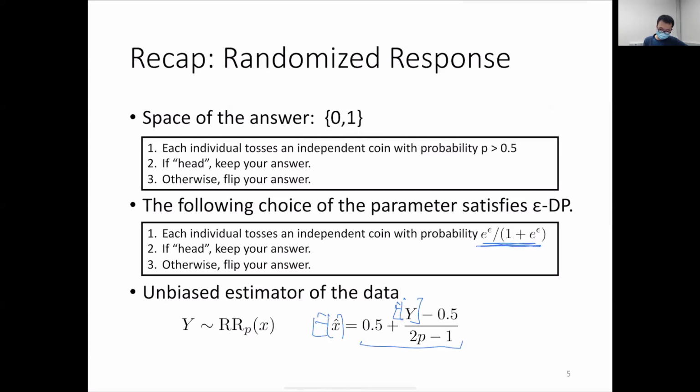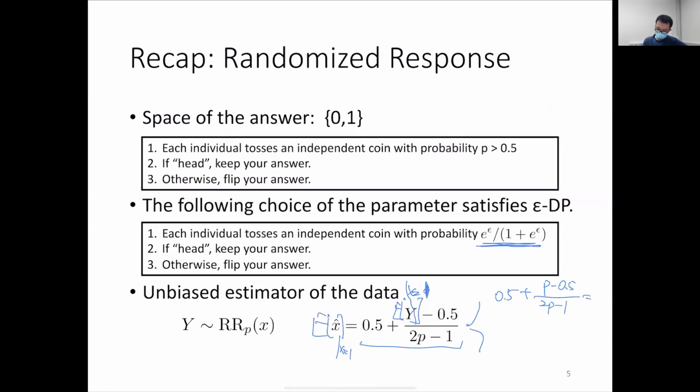Let's say x is equal to 1. Conditioned on the true world where x is equal to 1, the expected value of y is just p. So we get 0.5 plus (p minus 0.5) over (2p minus 1).